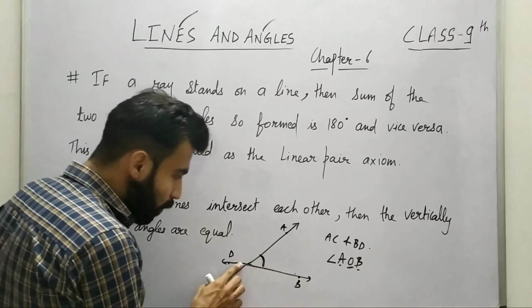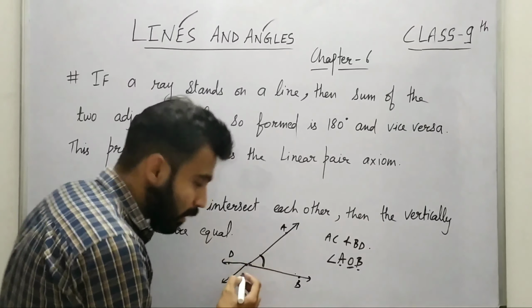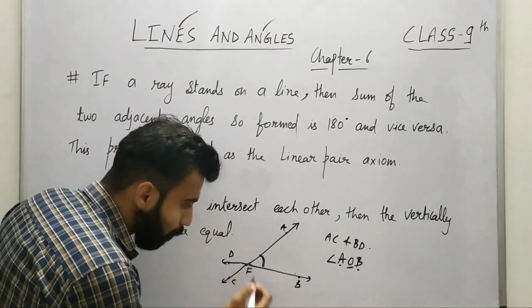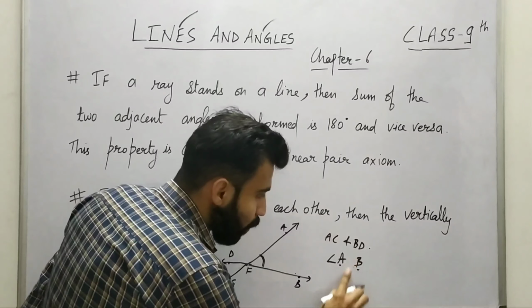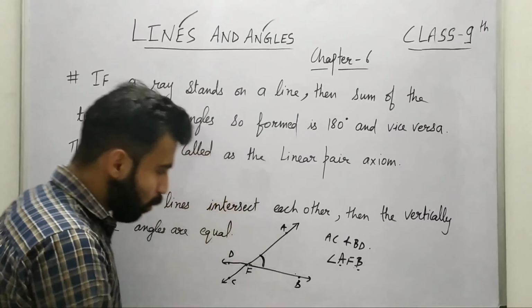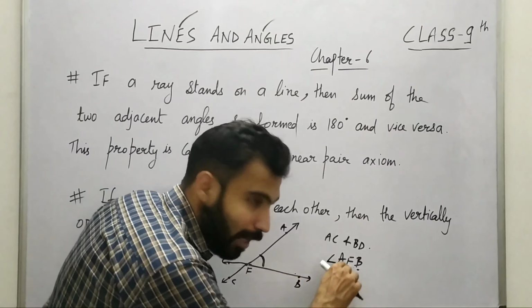So suppose this point or vertex is F, then the angle will be AFB. So you have to write it like AFB, taking the alphabet at which the angle is forming in the middle.